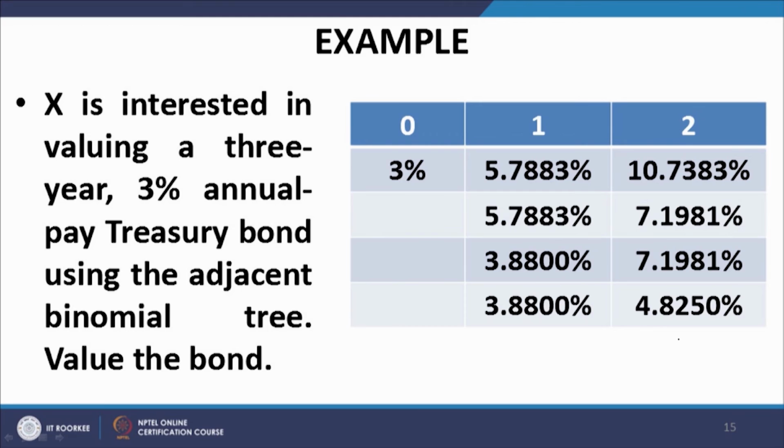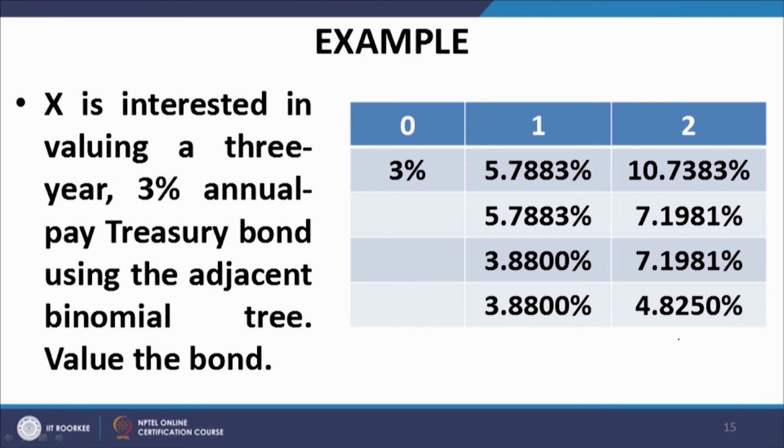Now, we do a comprehensive example on the valuation of a bond which has a 3-year maturity and pays an annual treasury coupon. It is a treasury bond, and we use the binomial tree given in the table on the right-hand panel of your slide. If you look at it carefully, the S01 rate is equal to 3%.